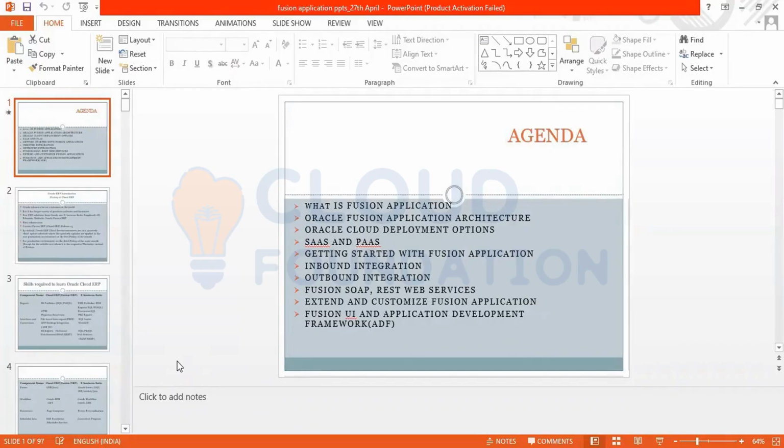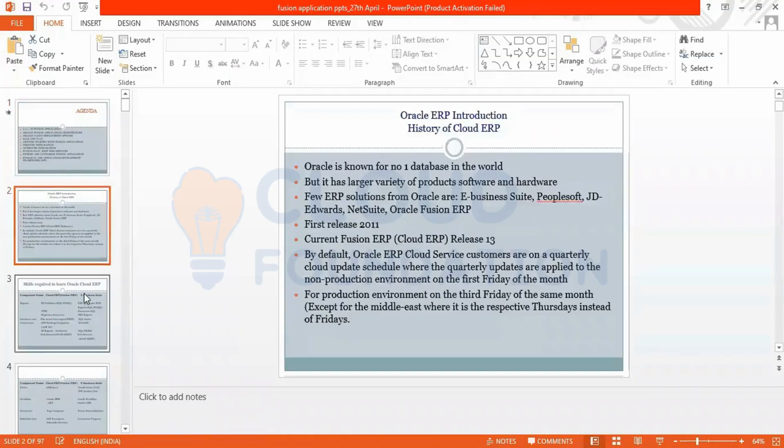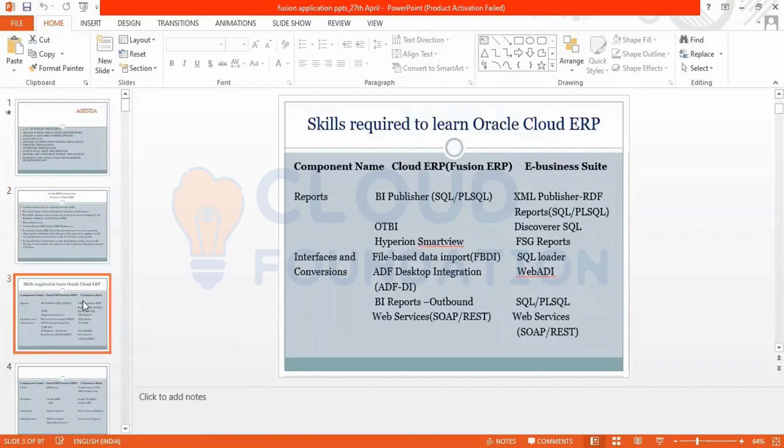It is about SaaS and PaaS applications. What is inbound integration? What is outbound integration? What is REST web services? So these are the things that we are going to discuss today, and the skills required to learn Cloud ERP. What are the skills required to learn?